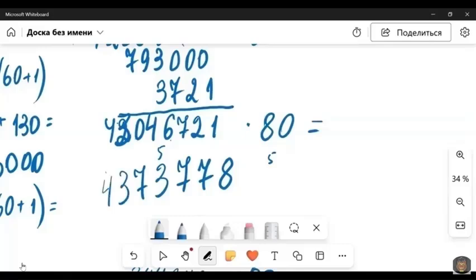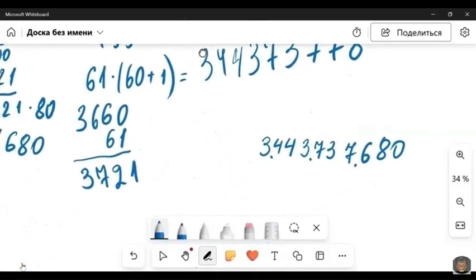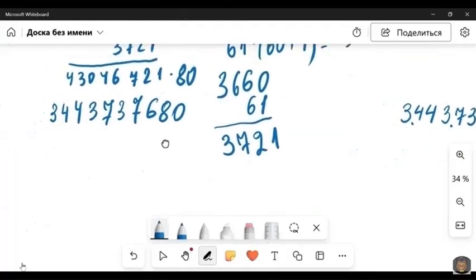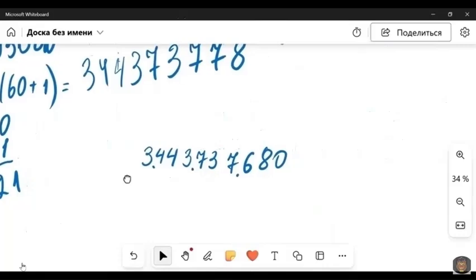This is the number we got, which we will now carefully rewrite. This is a tedious multiplication.